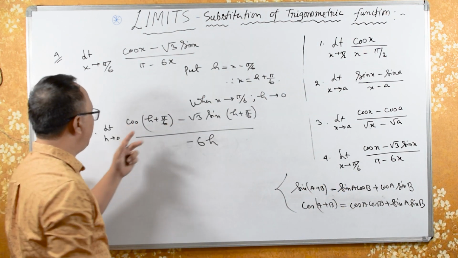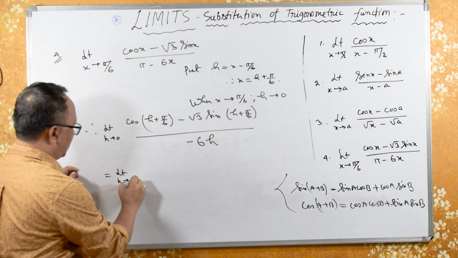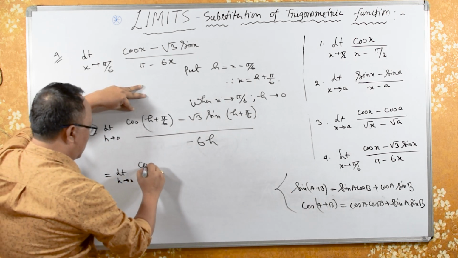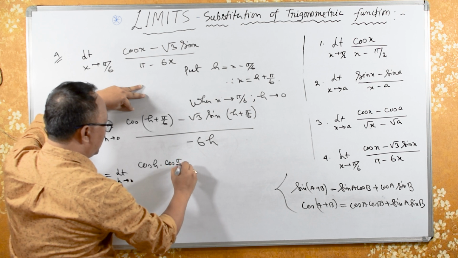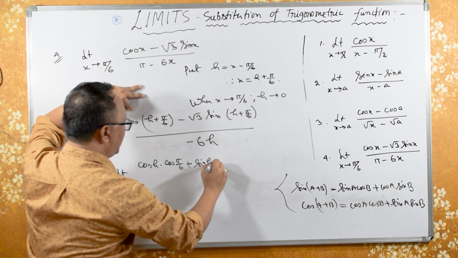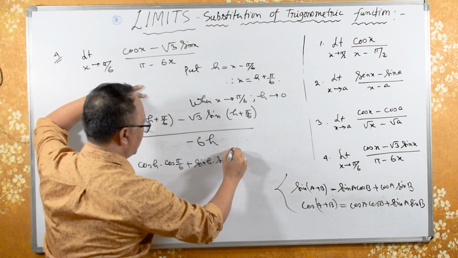Limit of h tends to 0. Here cos of A plus B is cos h cos pi by 6 minus sin h sin pi by 6.